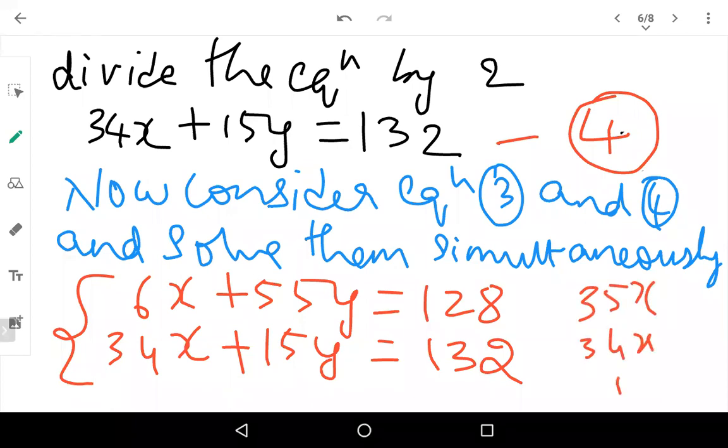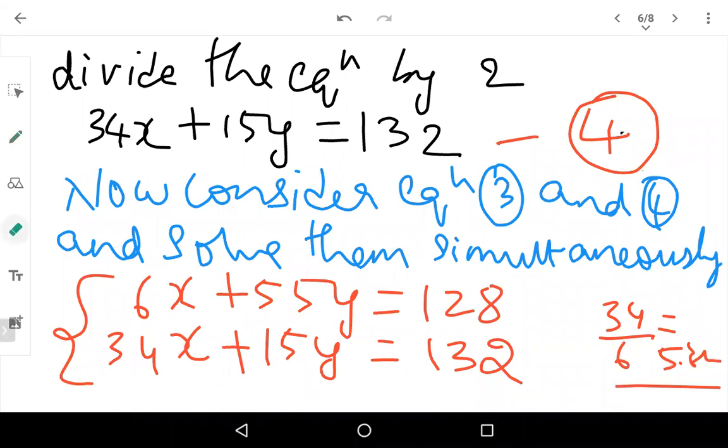You will still have some x remaining here. That will not work. And if you divide 34 by 6, you will also get a decimal. You get 5.66666, it goes on. Which means if you multiply them, you will only get very big numbers. So there is no use of that.